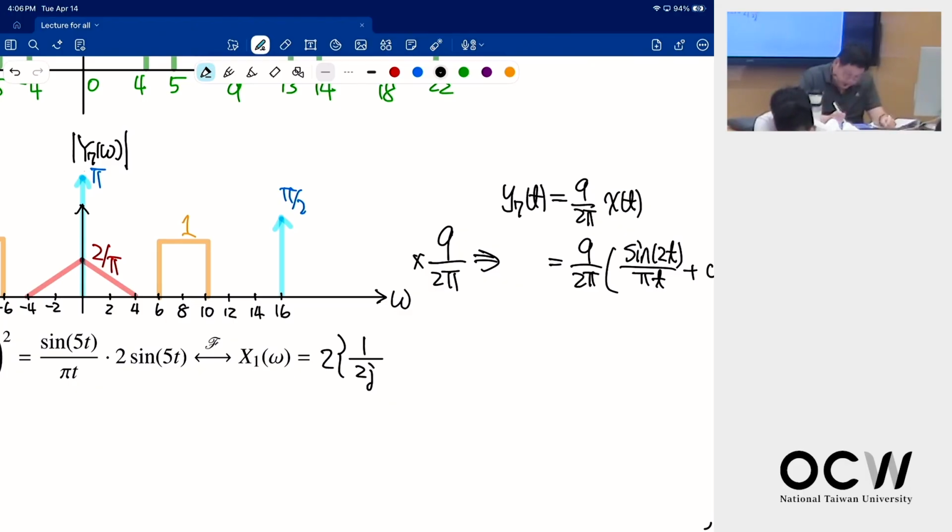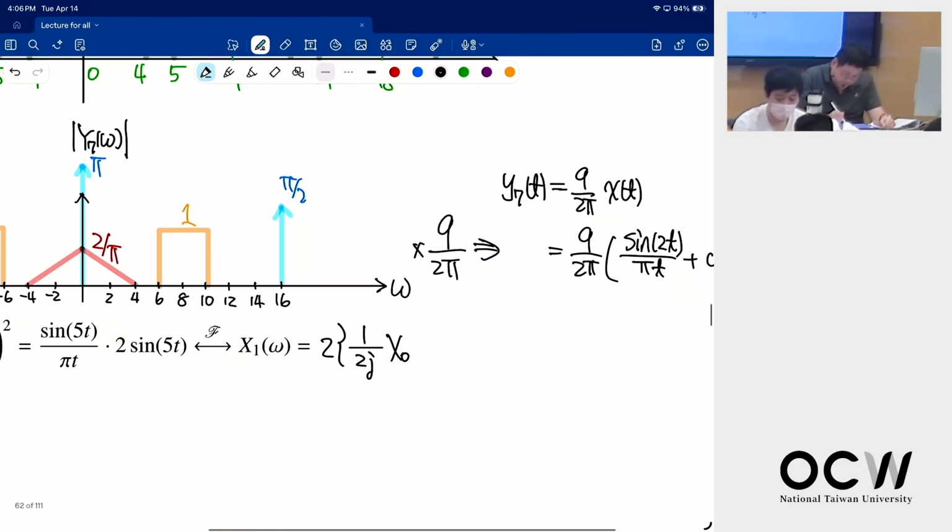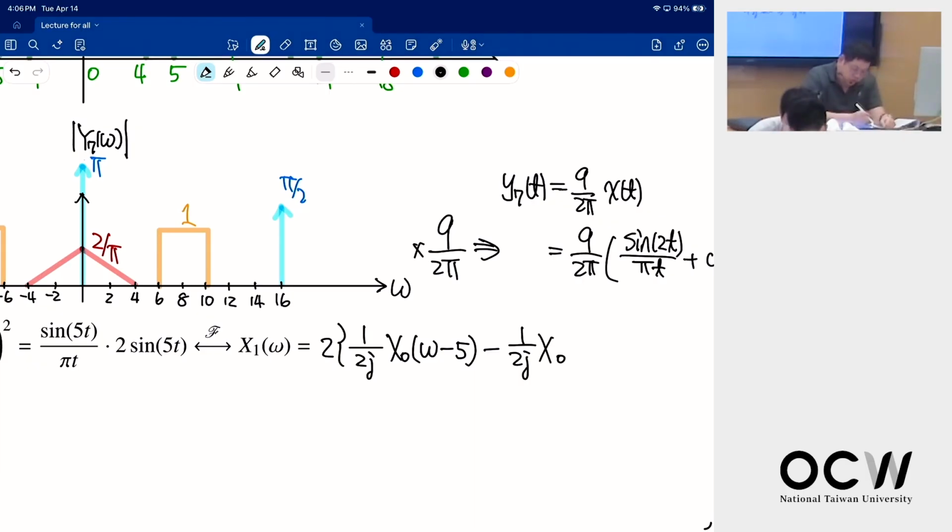Okay, so suppose I have the Fourier transform omega naught. We will define omega naught later. The shift 5 to the right and also shift 5 to the left.